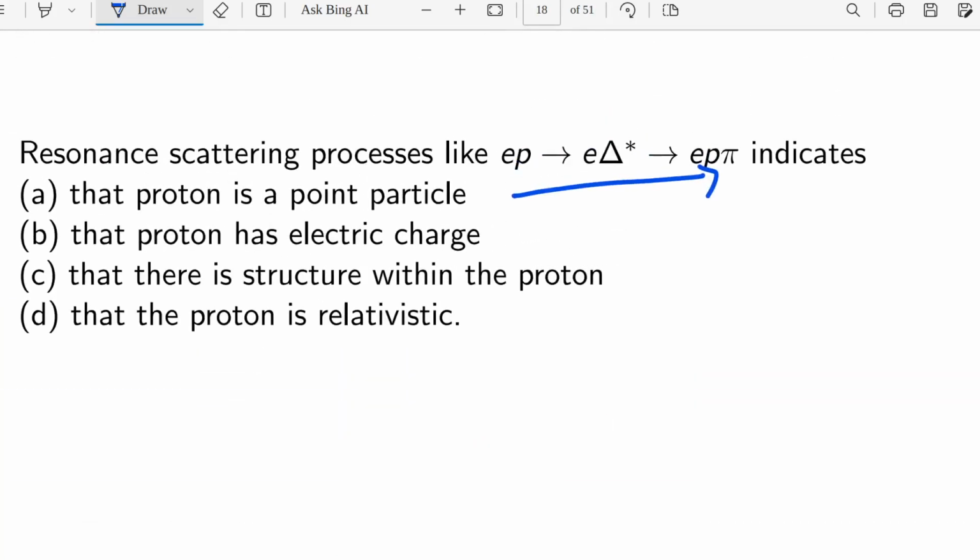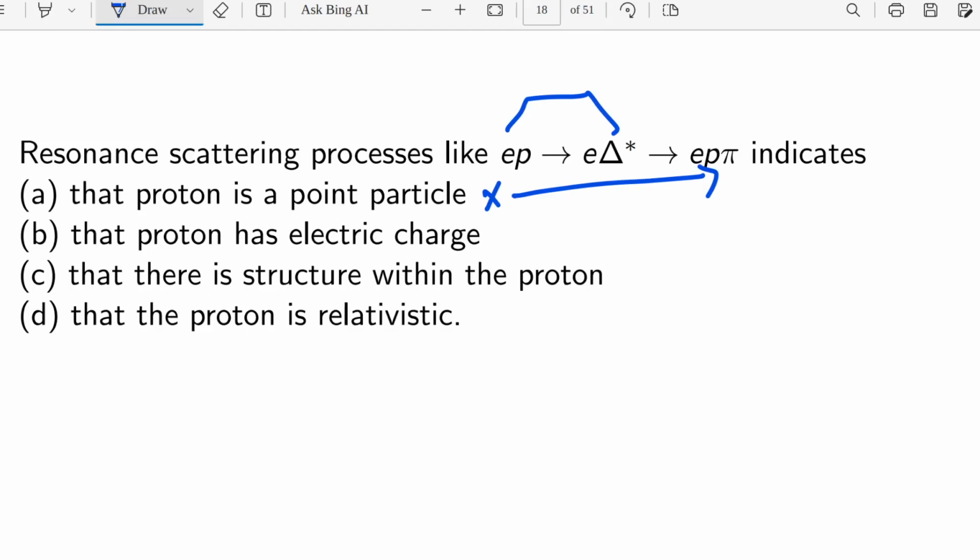Okay, so whatever the question is asking, like the resonance scattering process, e p going to e delta star going to e p pi, indicates that proton is a point particle. It should not be correct. Proton has electric charge, that is fine, but from this expression we can't conclude whether proton has electric charge or not.